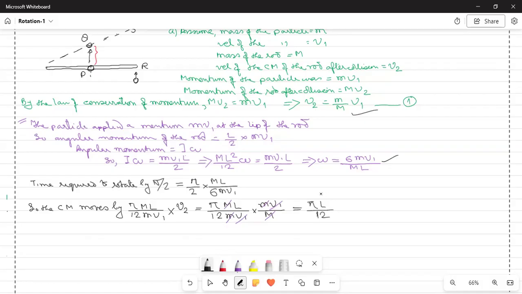So this is the first answer. That means by what distance the center of mass moves by the time the rod rotates by 90 degrees, or pi by 2. Then we go to part B, second part of the question.